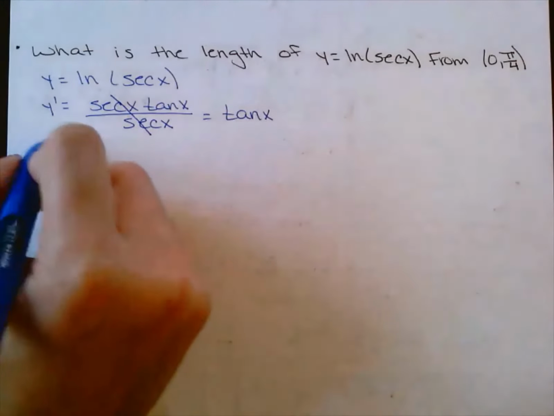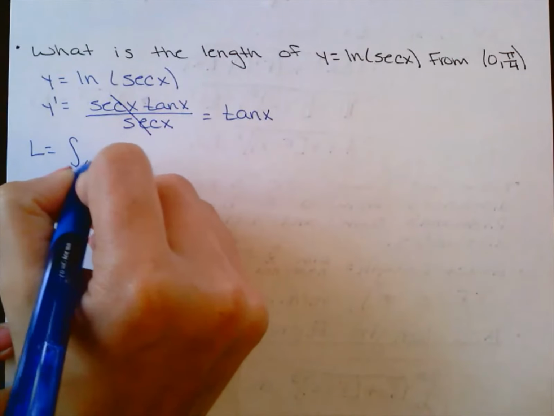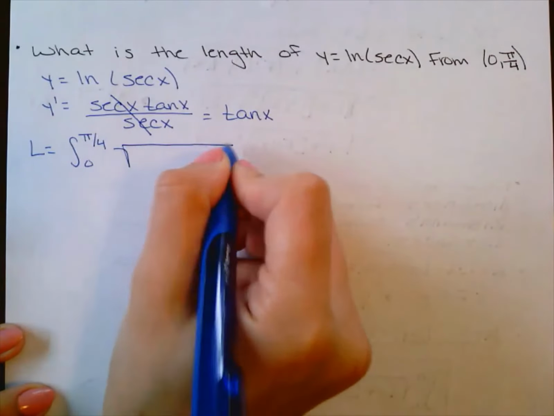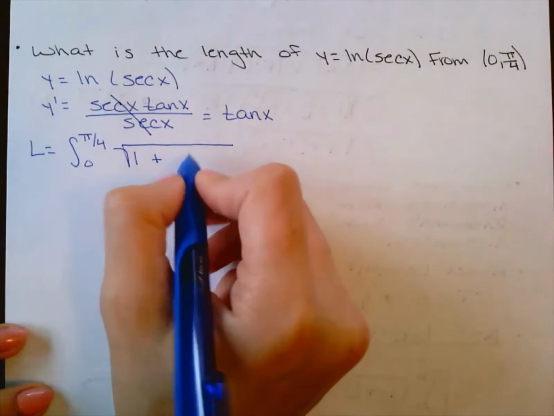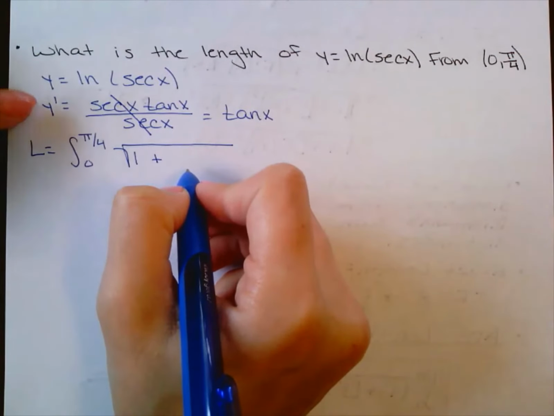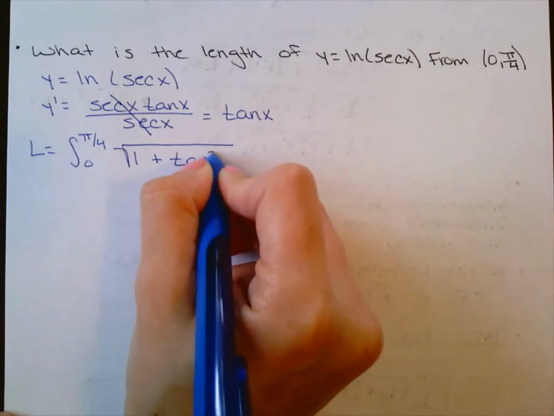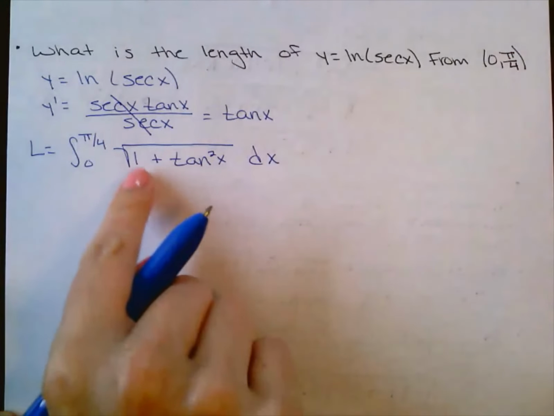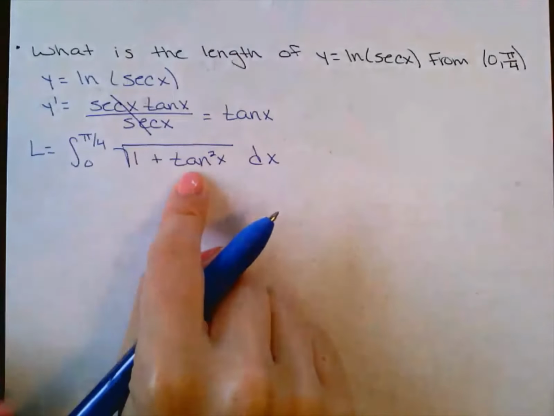Okay, so my formula says that the length is equal to the definite integral from a to b of the square root of 1 plus the derivative squared, and the derivative we found was tangent, so now I can say tangent squared. I took a moment, I found the derivative, and then I plugged it in.